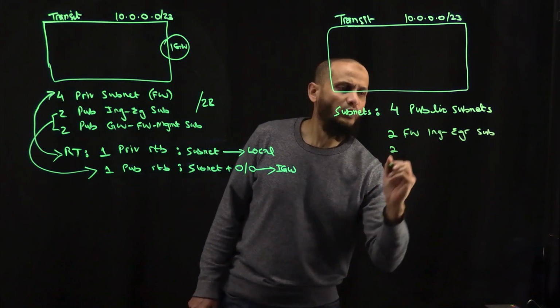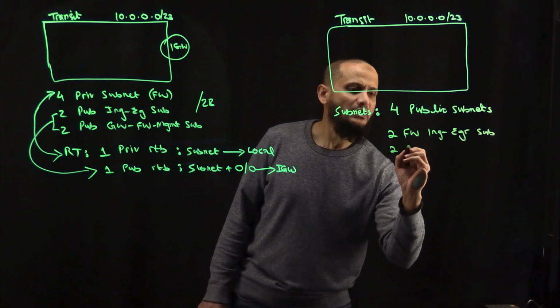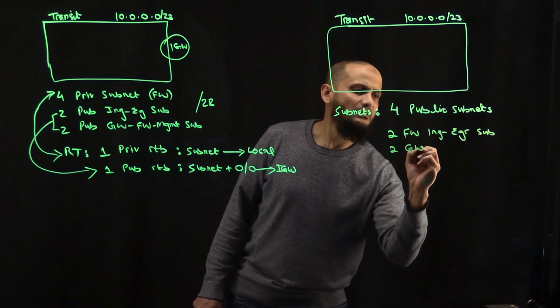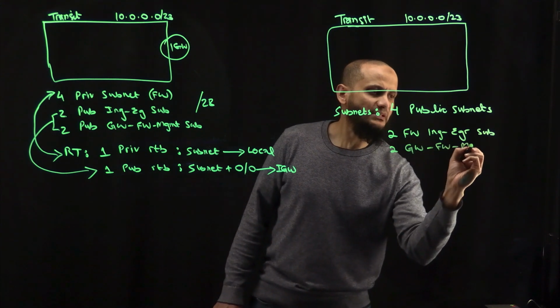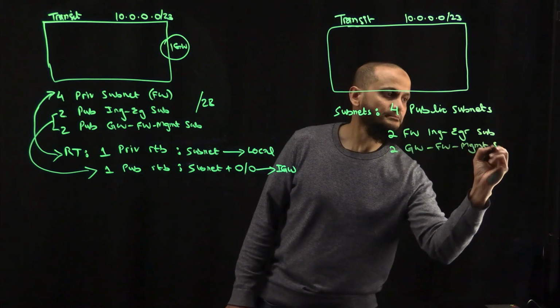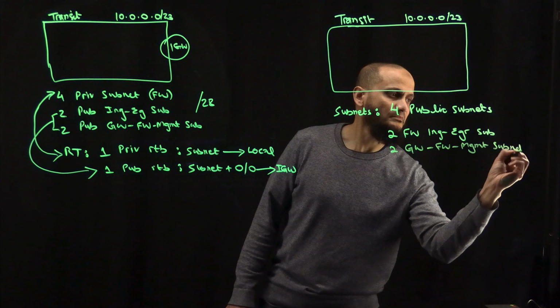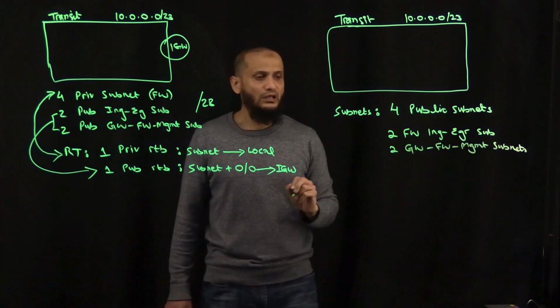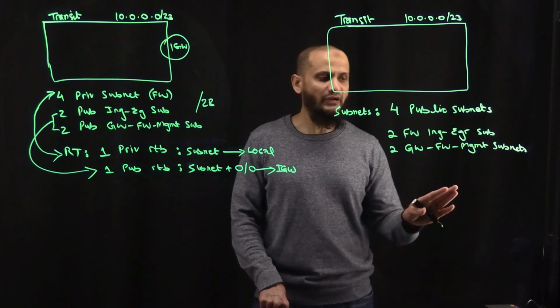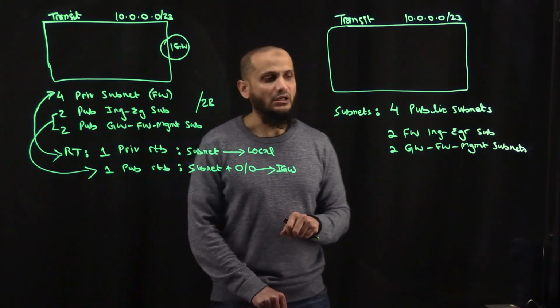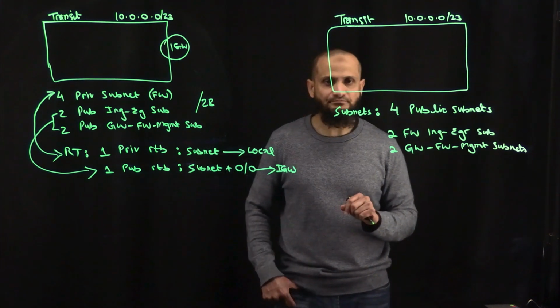And 2 of them will be gateway and firewall management subnets. The controller won't create any public routing table or any routing table in the transit VNet over here.